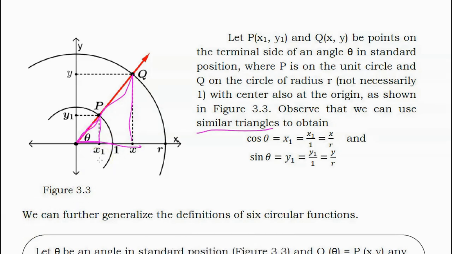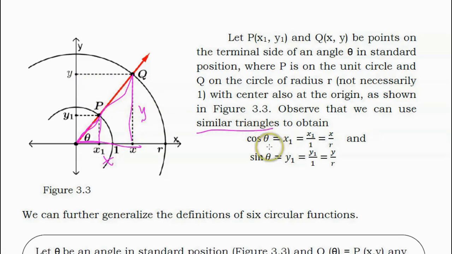Since they share the same angle, which is theta, sa parehong pamaagi pud nato makuha ang value ni cosine o ni sine. So in the unit circle, ang atong cosine theta is equal to x sub 1, which is equal to x sub 1 over 1, di ba? Kay ang atong radius is 1 kay unit circle man lagi siya. But kung atong tan-awon ang bigger nga triangle, so this one is our y, unya kani siya is our x.